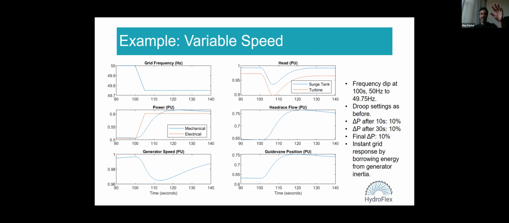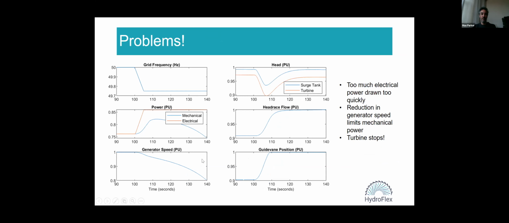Then when you're still drawing more electrical power, the generator speed just drops and drops. This is an example of it.